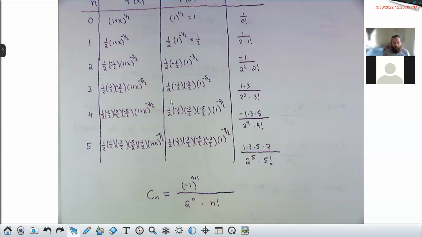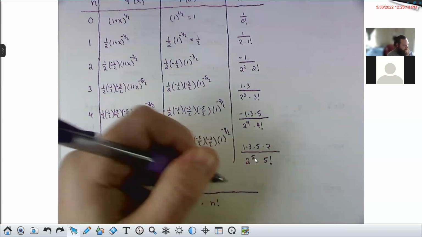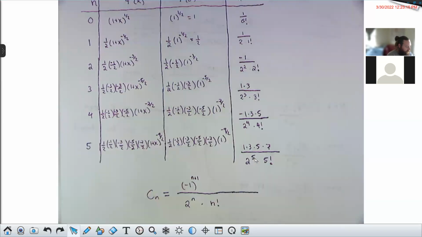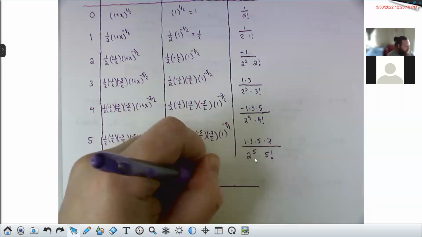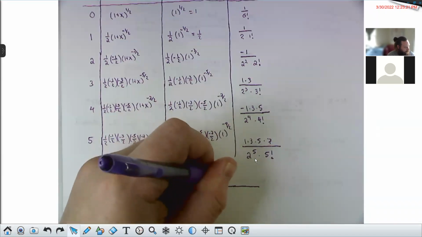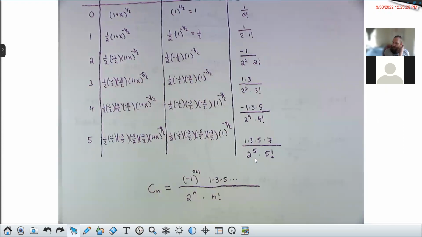And then the hard part. The hard part is like, what about the 1, 3, 5, 7 stuff? How do you write that? If you think back to a few of those ratio test problems, you've seen products like this before. You write 1 times 3 times 5 dot dot dot, and then you tell them where this product ends for the nth guy.